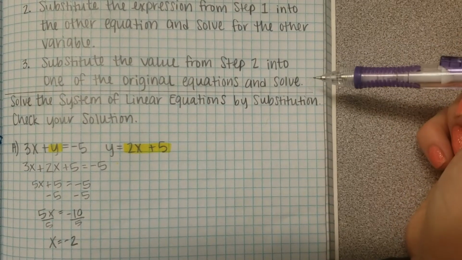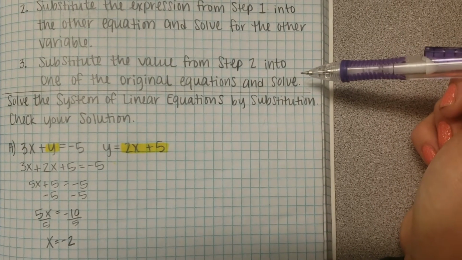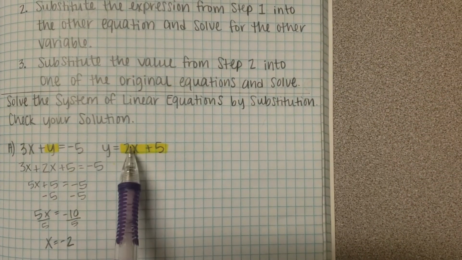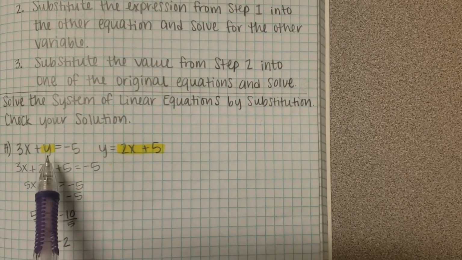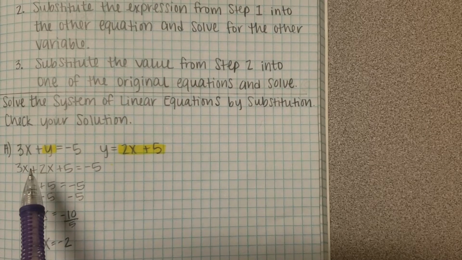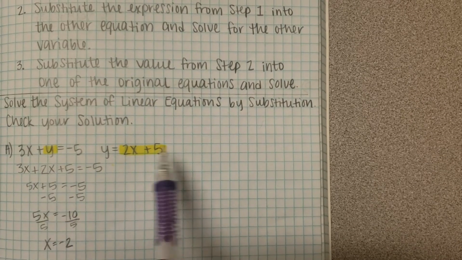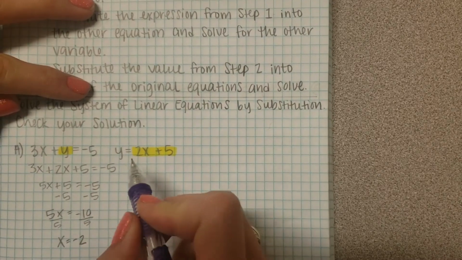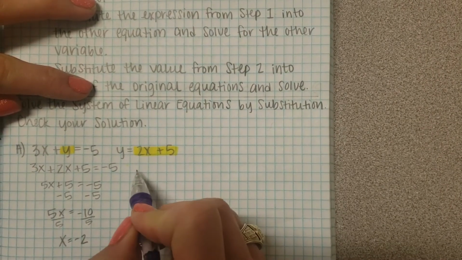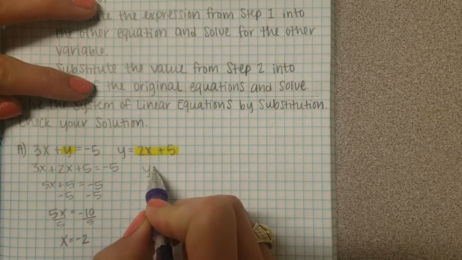Lastly, I need to substitute the value from step 2 into one of the original equations and solve. It doesn't matter which one I choose to put -2 back into. They're both going to give me the exact same answer, but it needs to be one of the original equations. So I'm going to put it into this one for absolutely no reason other than it's just right there.